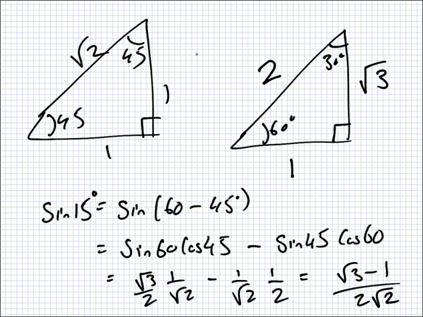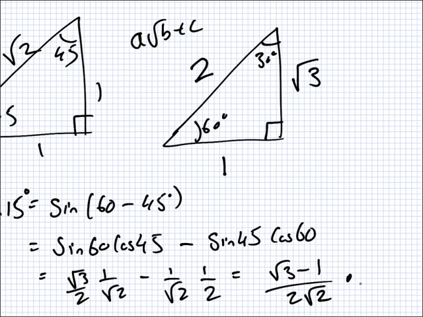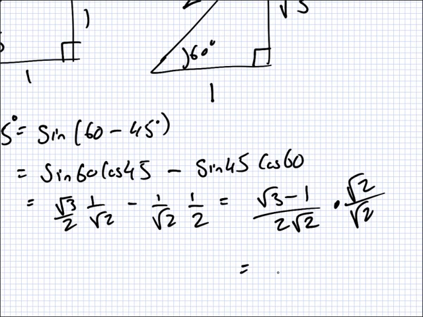Because they might say, write your answer as A root B plus C. But they usually don't say that. You don't need to, but you can if you want. That's fine.